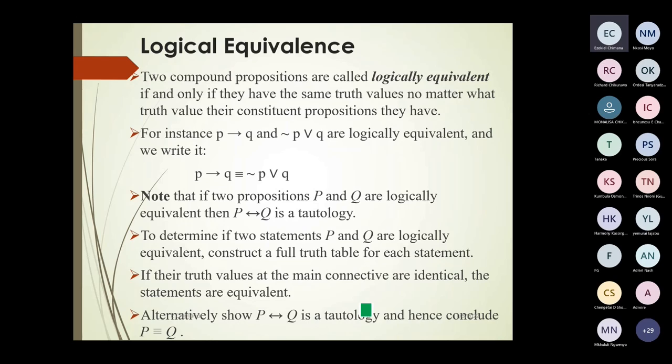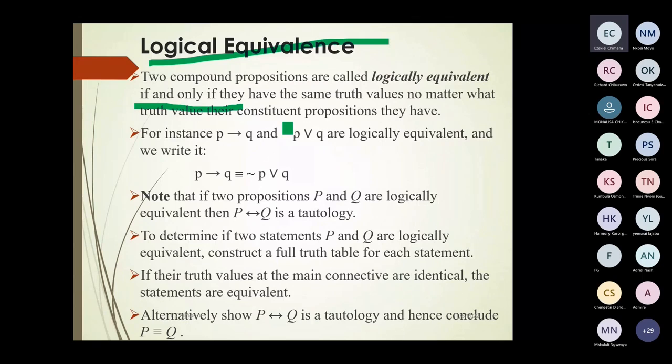So let's talk about logical equivalence. Two compound propositions are called logically equivalent if and only if they have the same truth values, no matter what truth values their constituent propositions have.